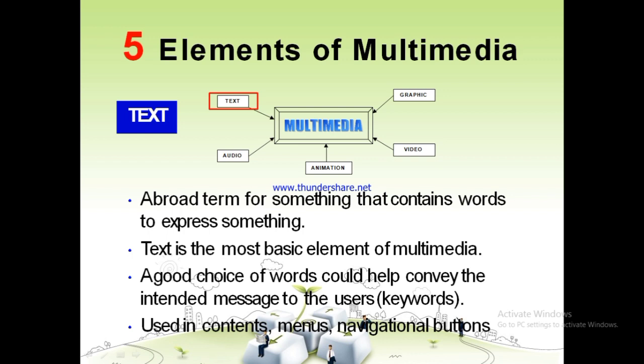We are all familiar with word processing software Microsoft Word, MS Word. Different versions of Microsoft Word are available and can be used to prepare text. Another example is OpenOffice. It is free software.